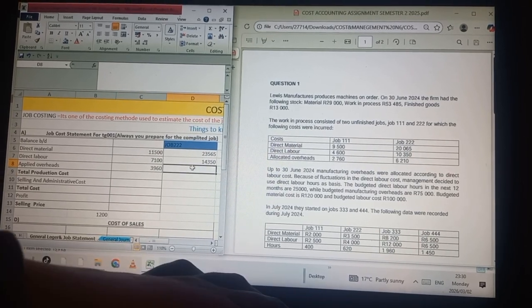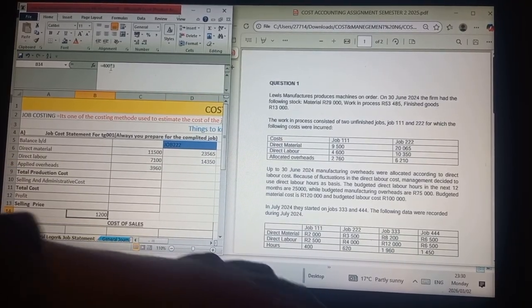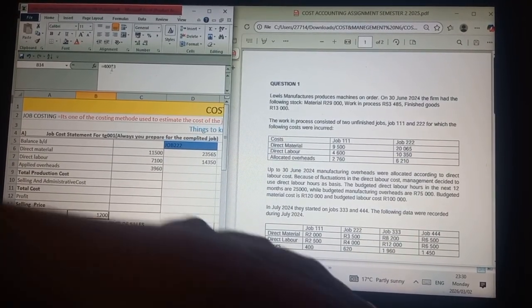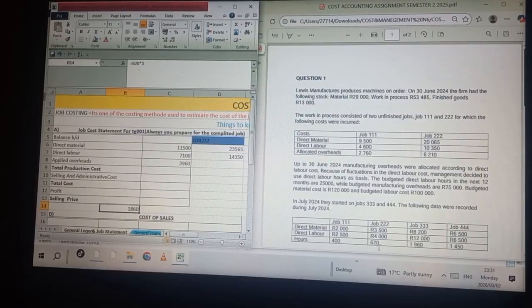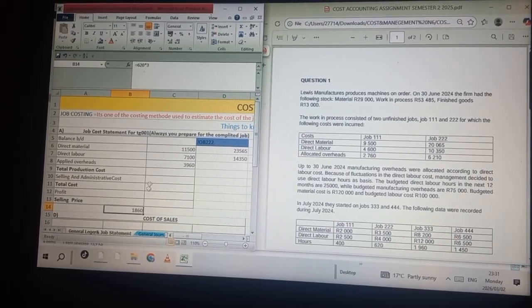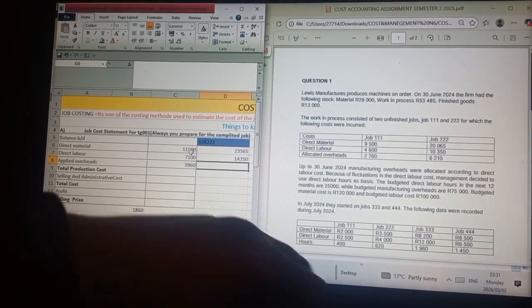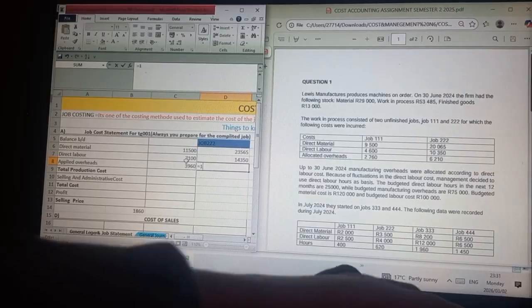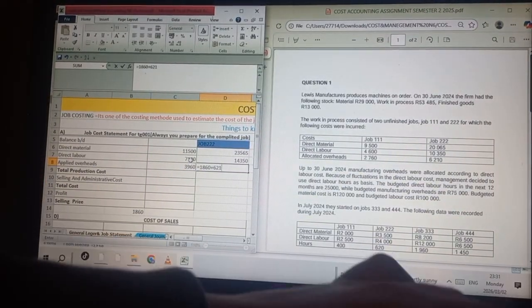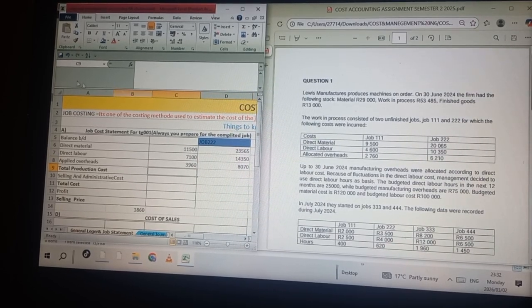Still again you open your brackets, 620 hours times 3 rand that we got as the rate. We get 1,860. So you say 1,860 plus 6,210. You get your total applied overheads, total production cost. We add all of this. This is the sum.